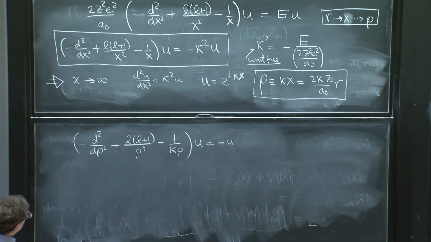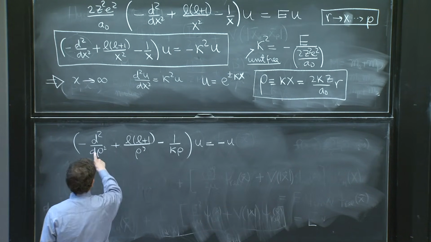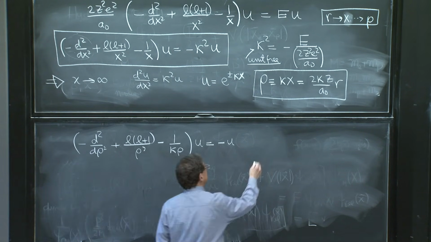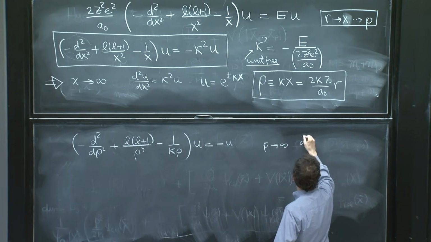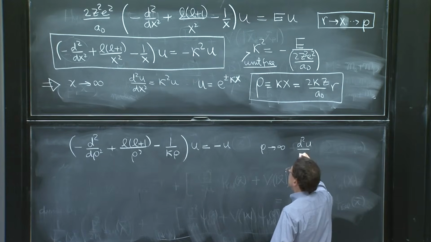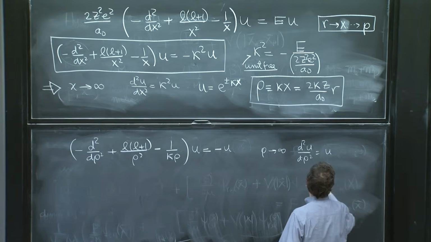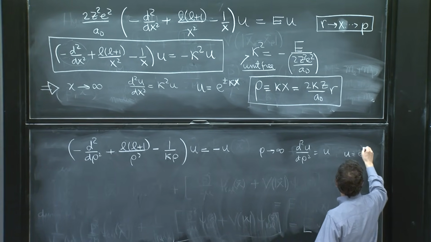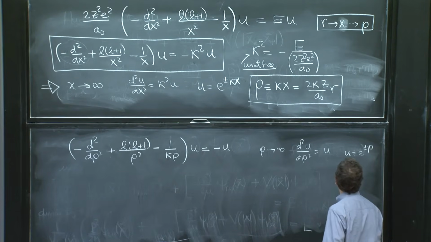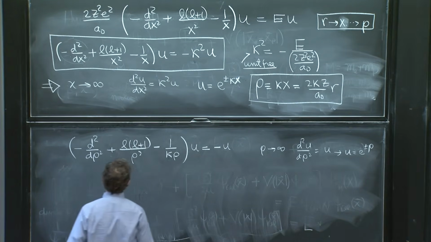And now you would say, OK, this is nice. If you look at rho going to infinity again, it works as we wanted. You get d second u d rho squared equal to u, and that means u goes like e to the plus or minus rho, which is what inspired this.